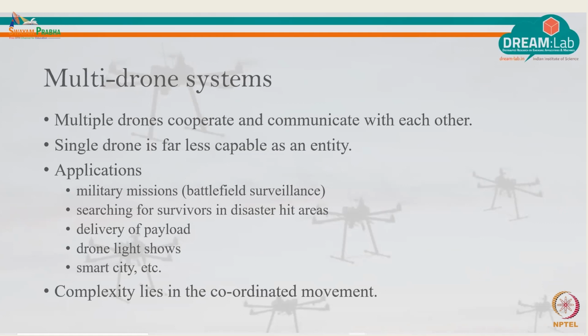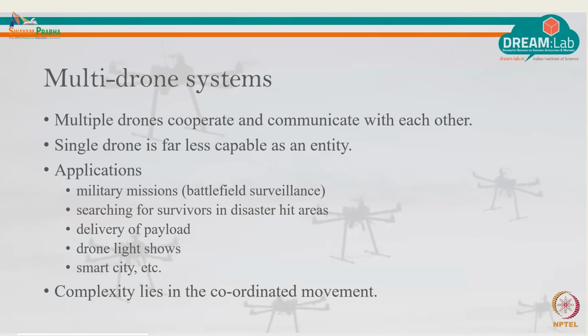There are various applications of multi-drone systems. The first is military missions, let's say battlefield surveillance or search and rescue. Second is searching for survivors in disaster-hit areas. Next, as we have seen, it's trending now, like Amazon and other delivery apps, they are using drones for delivery of payload.